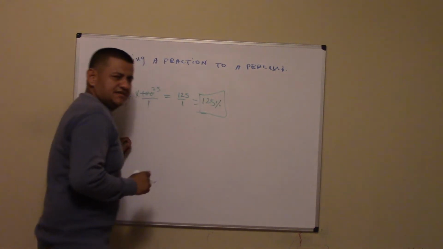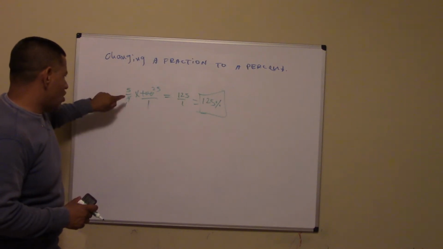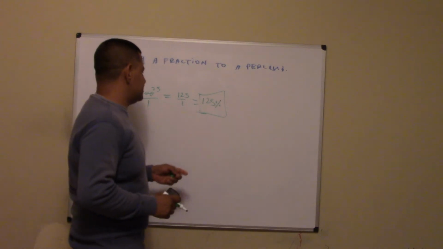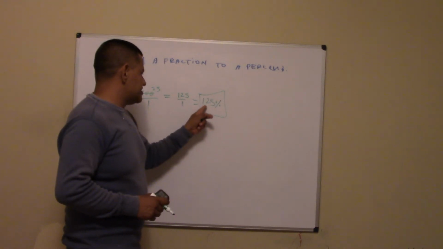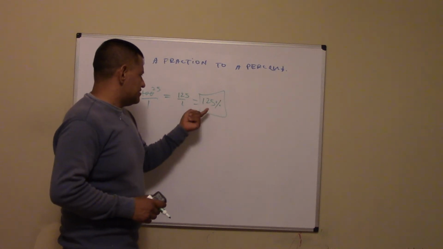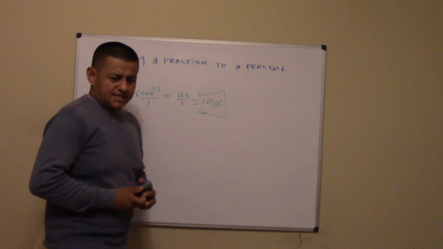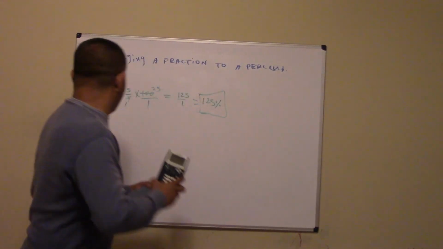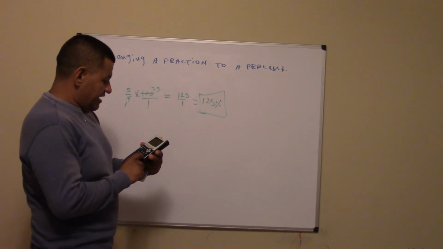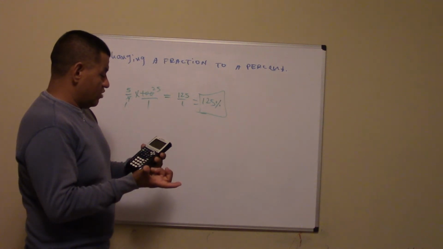Isn't that what I expected? That's what I expected because I have 5 quarters. 5 quarters is represented by 125, which makes sense. I got 5 quarters right here. That's what I'm talking about. It has to make sense. Now, if you do the other way, the same thing. You divide 5 divided by 4 is equal to 1.25, right?